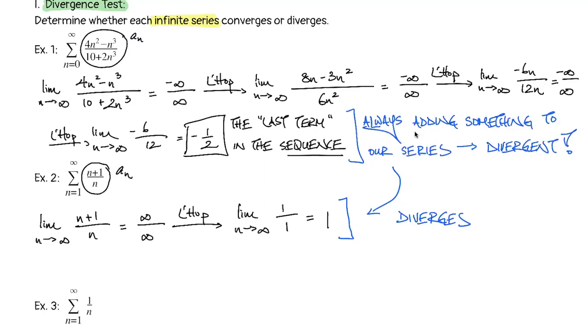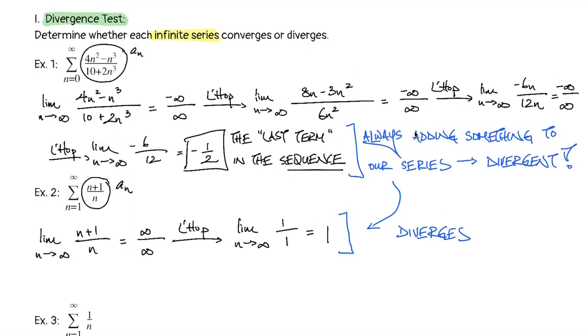Correct. And is that why whenever the terms equal 0, it will converge, because eventually you're going to keep adding 0 and it won't change your value? Correct. And that's what I was going to ask.